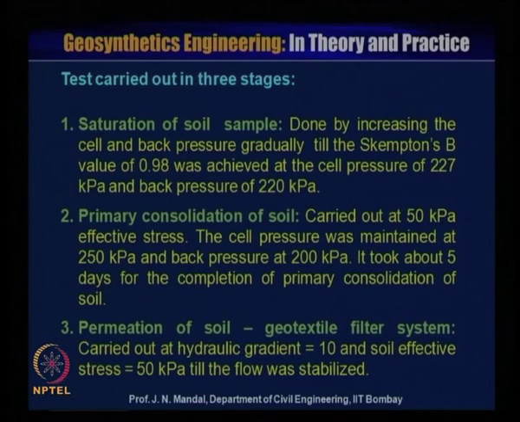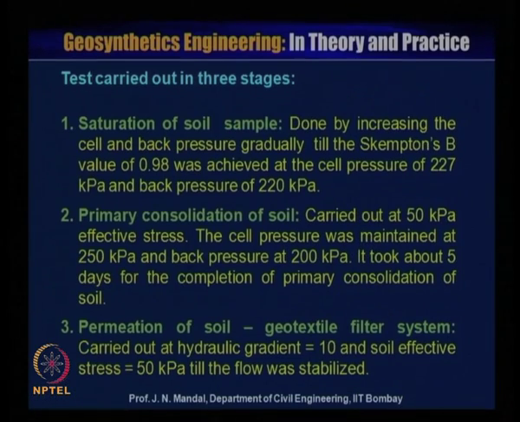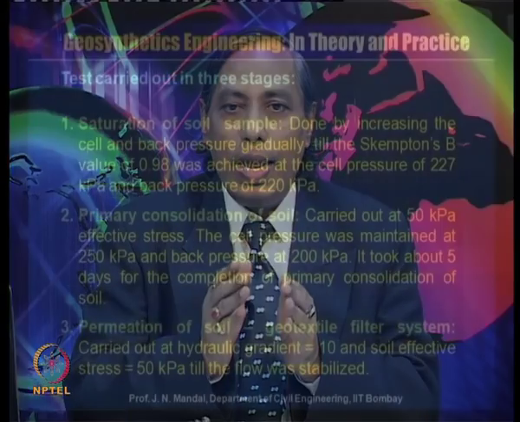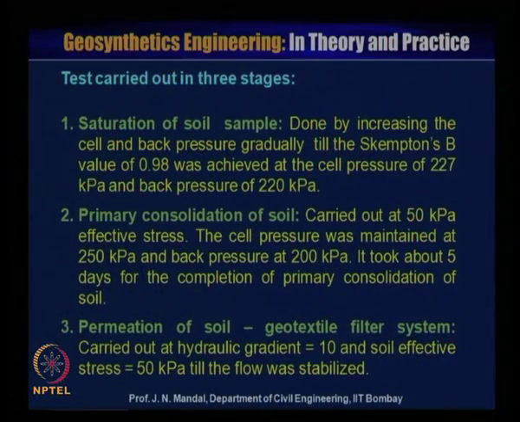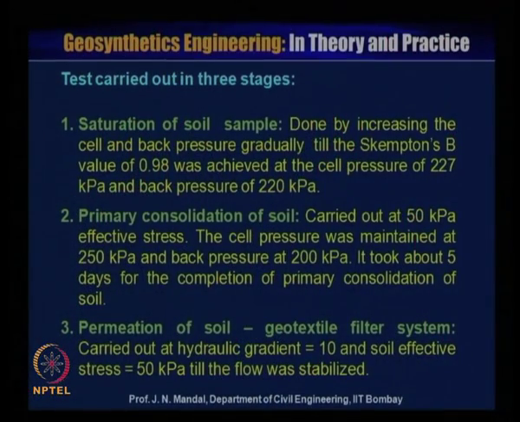So, the test is carried out in the 3 stages, as I said. Saturation of the soil sample is done by increasing the cell and the back pressure gradually till the Skempton B value of 0.98 was achieved at the cell pressure of 227 kilopascal and back pressure of 220 kilopascal.